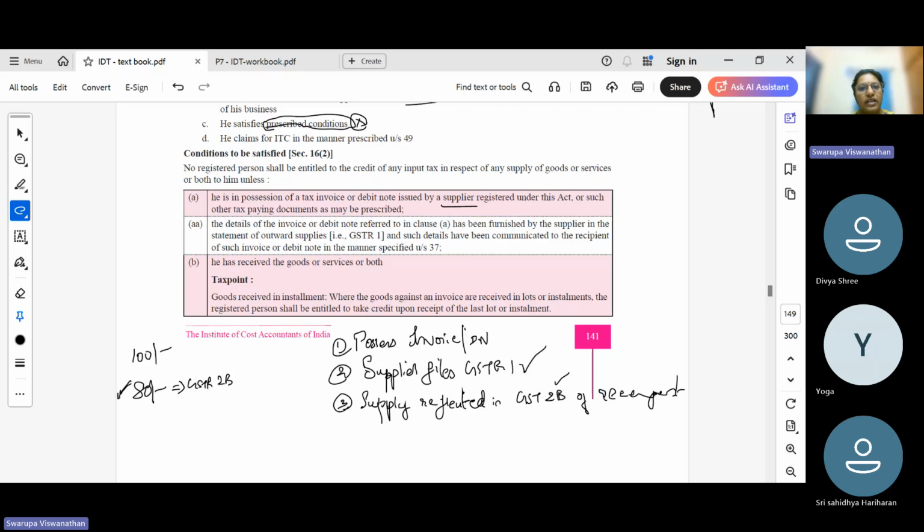So there has to be an invoice. If this particular invoice is for 100, the 100 rupees has to be declared by the supplier in GSTR1 and it should be reflected in GSTR2B of the recipient. The entire process should be completed. Goods or services have been received.